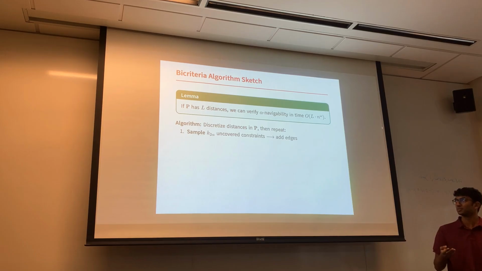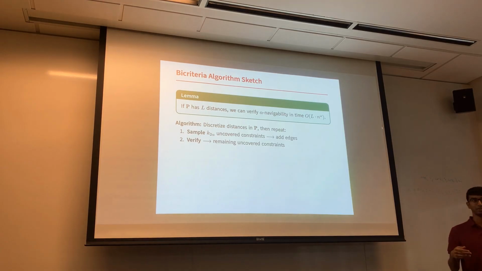Now, after we've discretized our distances, we're just going to follow a simple procedure. We're going to sample some number of uncovered constraints, like pairs ST where the alpha navigability constraint has not yet been satisfied, and we're going to add the edges that correspond to these constraints. And then we'll run our verification algorithm to find the remaining uncovered constraints after we've added these edges.